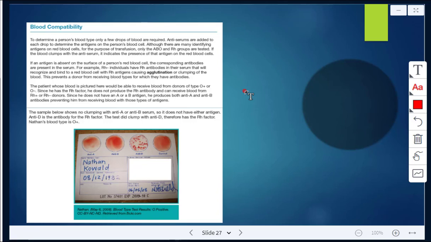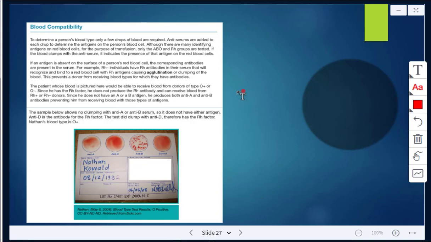If an antigen is absent on the surface of a person's red blood cell, the corresponding antibodies are present in the serum. So, for example, Rh negative individuals have Rh antibodies in their serum that will recognize and bind to a red blood cell with Rh antigens, causing agglutination or clumping of the blood. So this prevents a recipient from receiving blood types for which they have antibodies.